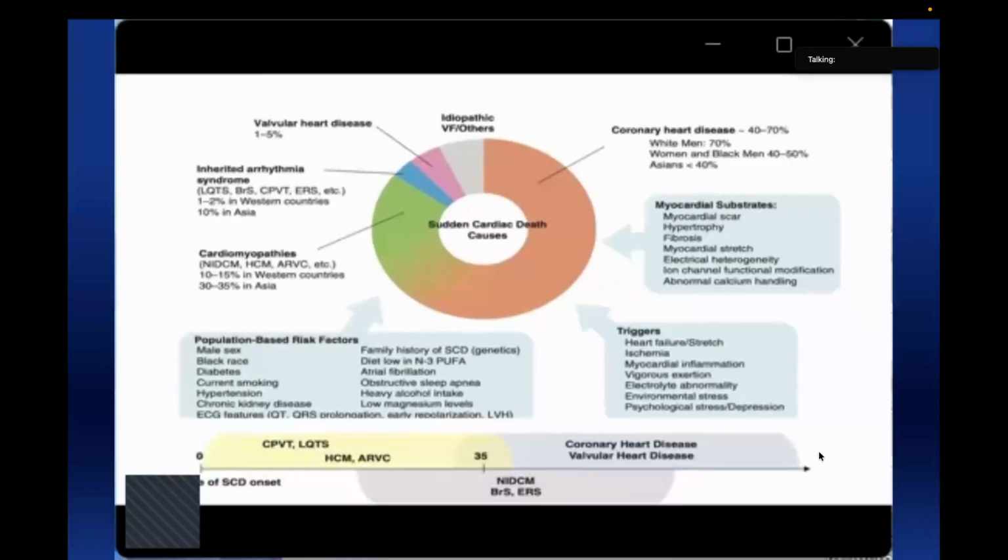As you can see here, aside from coronary heart disease, you have to remember that the cause varies. As you go along by age of sudden cardiac death onset, the inherited arrhythmias are common among young people, especially athletes.